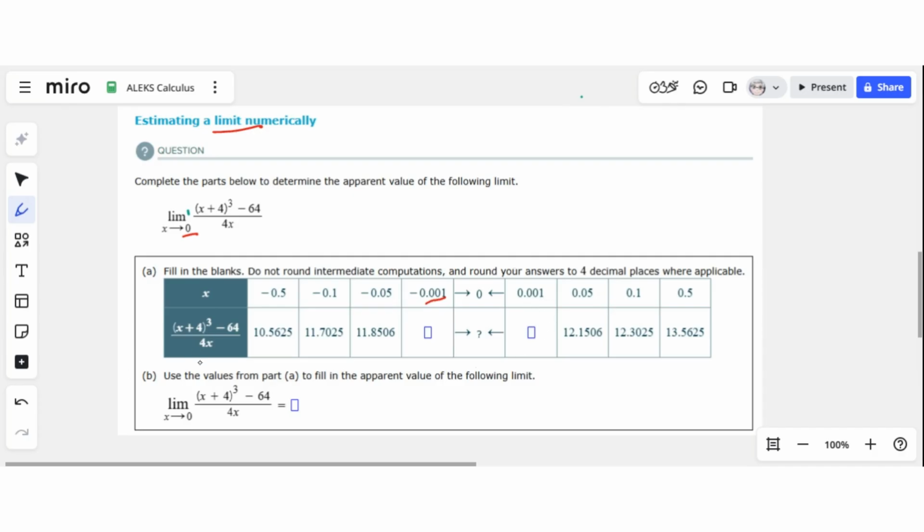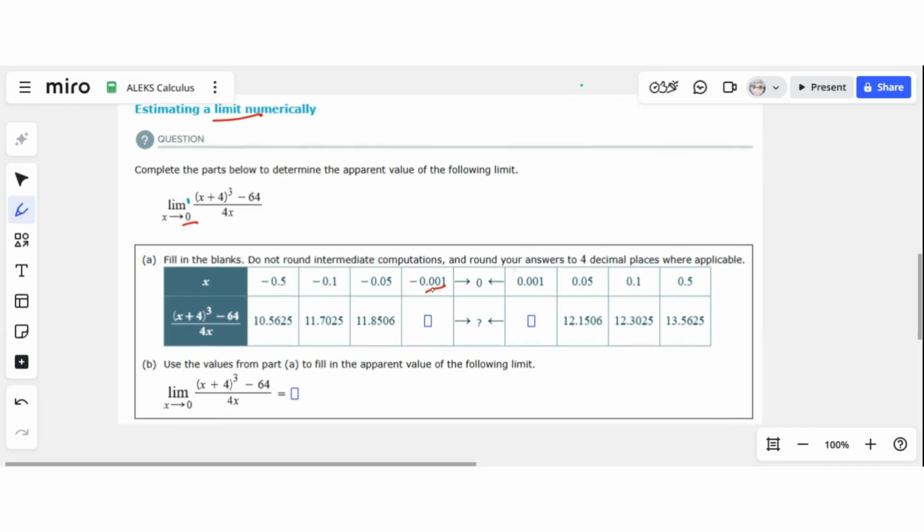The way to do this is not too tough. You're just going to plug in this x value in the function. So I'm going to put x in there and calculate it. I did that calculation and I got 11.9970. I guess they want 4 digits.